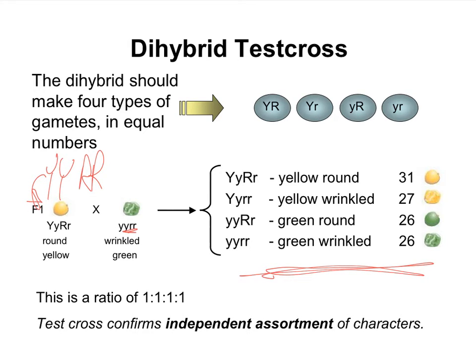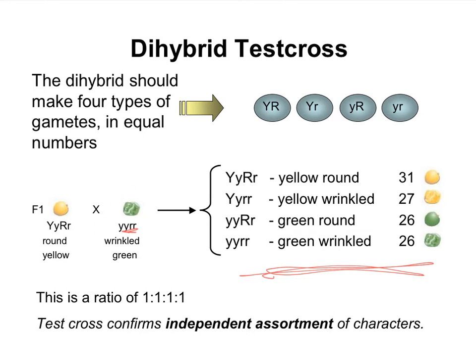Because every one of the zygotes would have a big Y and a big R, because that's all this parent would be able to give. But that is not the case, right? That's not what we have here. As it turns out, when I did this cross, and remember, when you look at a round and yellow plant, there's no label that says big Y, little y, big R, little r.